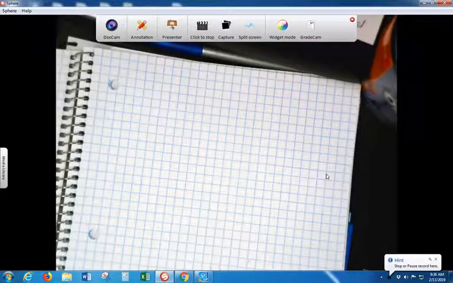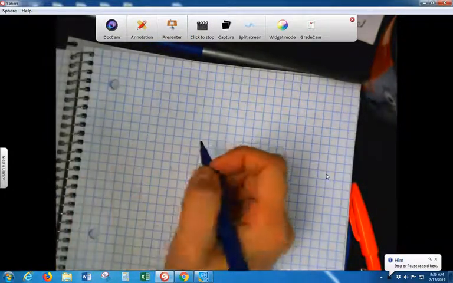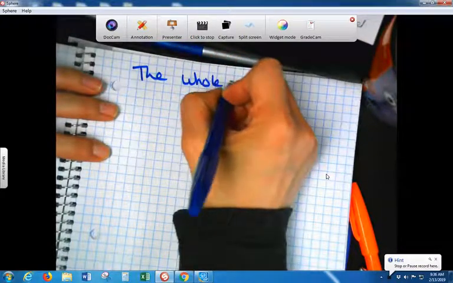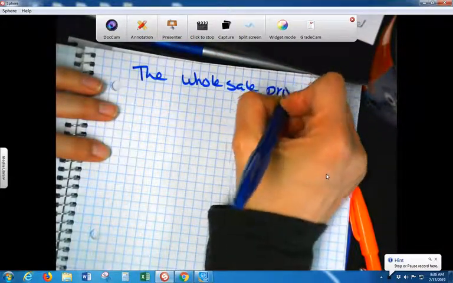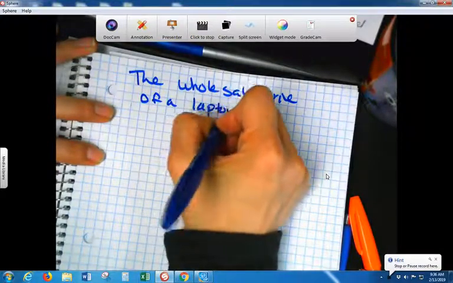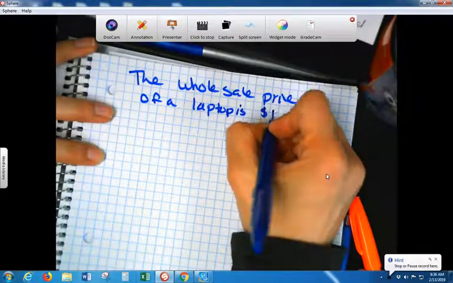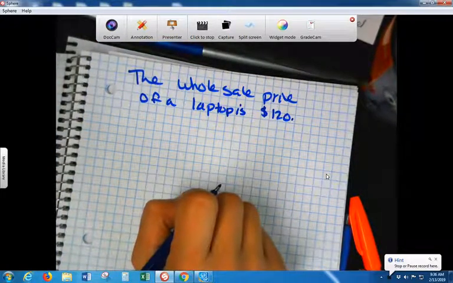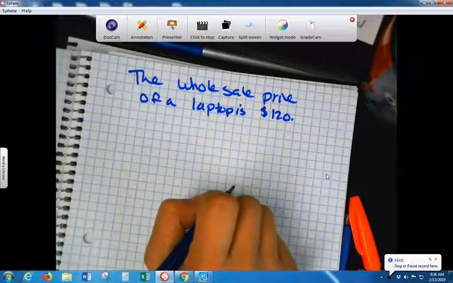Let's talk about, let's say, a laptop. The wholesale price of a laptop is, let's say, $120. So it costs $120 to make the laptop. Am I going to buy the laptop for $120?